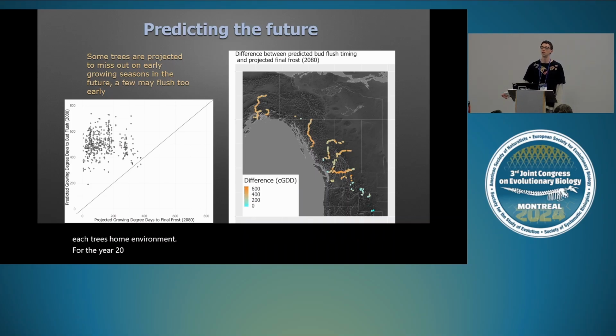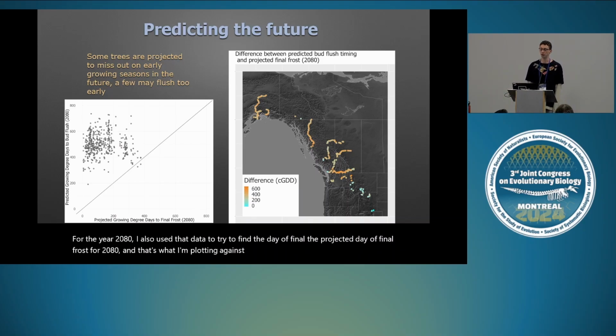I also used that data to try to find the projected day of final frost for 2080, and that's what I'm plotting against each other in that left-hand plot. So a point on the one-to-one line would be a tree that's predicted to flush its bud on the very day that winter ends, if that makes sense.